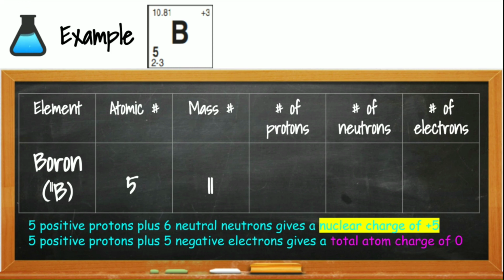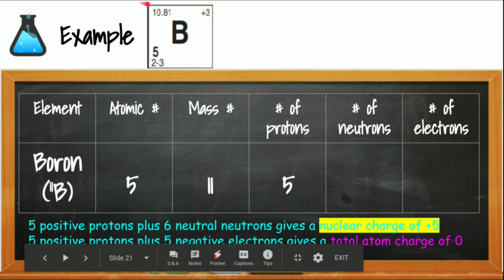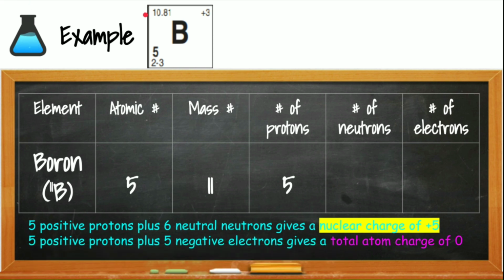So boron 11 has 5 protons. To define the number of neutrons, we take mass minus protons. So remember, if you just look at the periodic table cell, and you place the mass here, our mass is 11 because that's what was given in the symbol. It's going to be 11 minus 5. So there are 6 neutrons in boron 11.